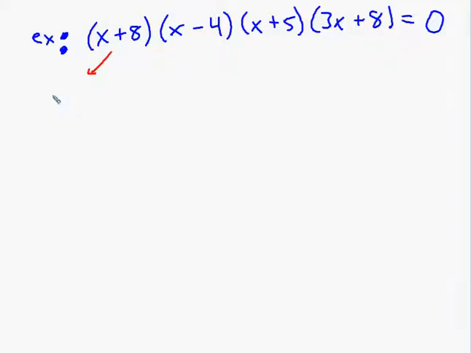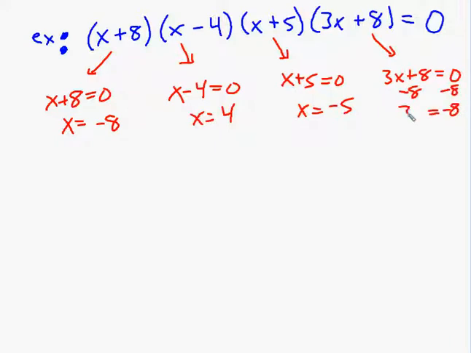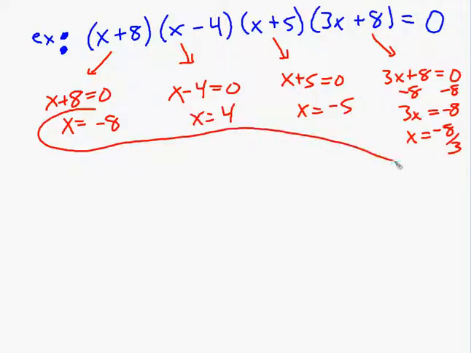So I say x plus 8 could be 0, x minus 4 could be 0, x plus 5 could be 0, or the 3x plus 8 could be 0. And now I solve all of those. x could be what on the first one? Negative 8. And on the next one? 4. And on the next one? Negative 5. Now we have a few steps on this one: minus 8, so I get negative 8 and 3x, and then I divide by 3. x could be negative 8 thirds. So I had how many answers? 4.